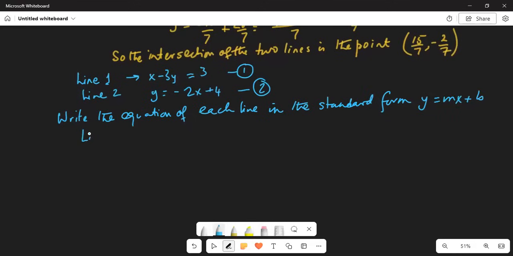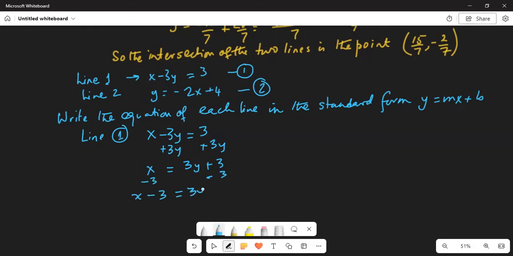So line 1 is x minus 3y equal to 3. So I will add plus 3y on both sides first. I will get x equal to 3y plus 3. Then I will subtract 3 on both sides. So I will get x minus 3 equal to 3y.